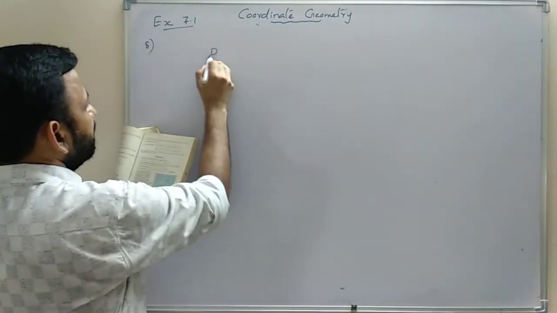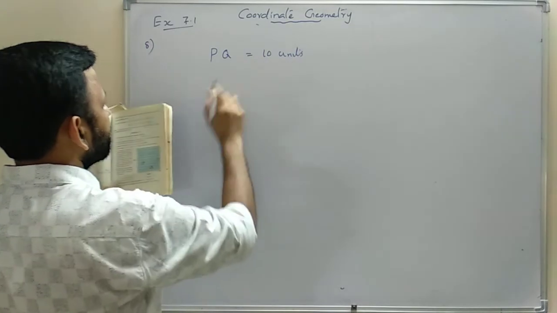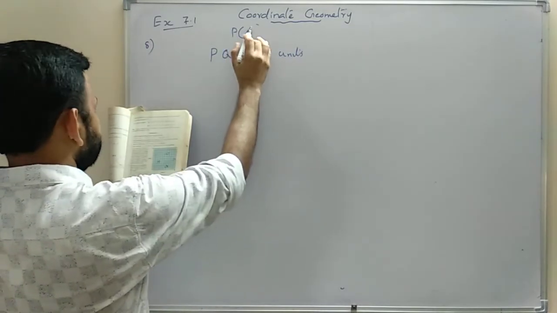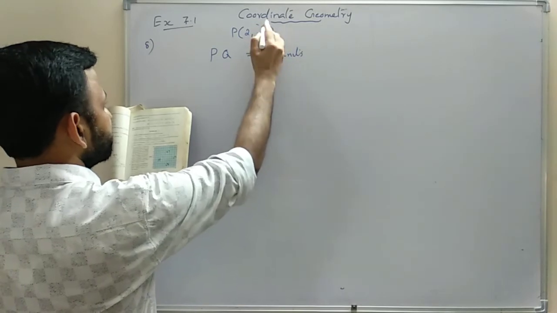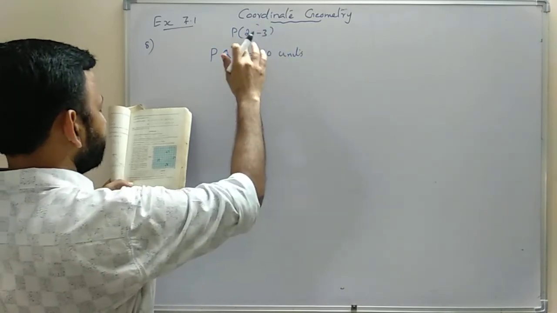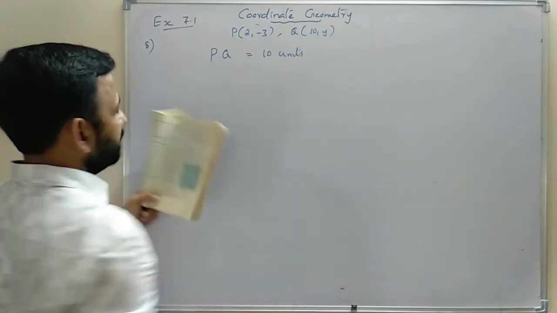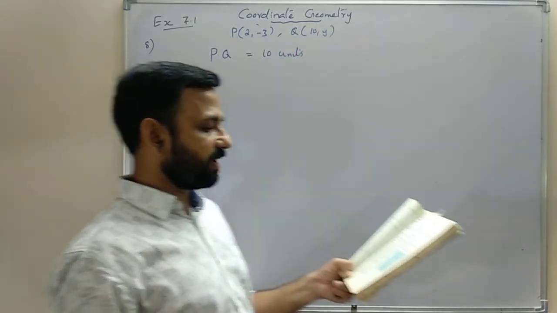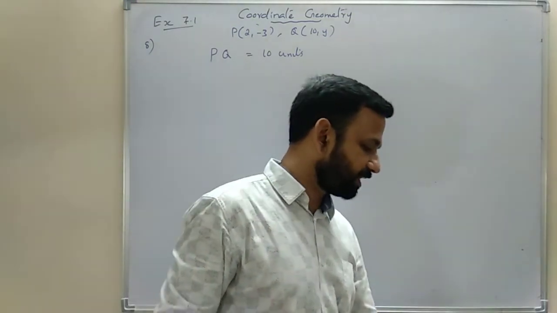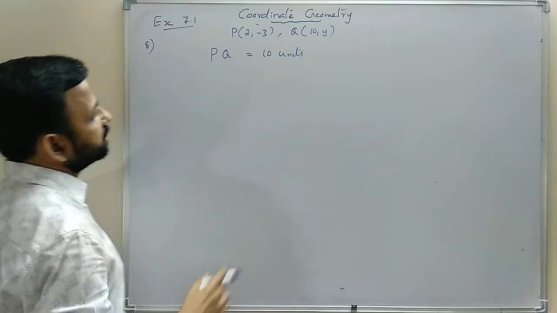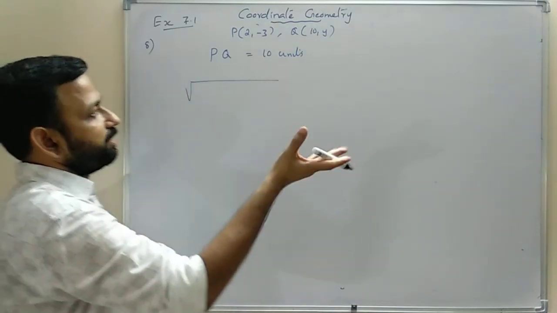So it's given PQ is equal to 10 units, and P is given 2 comma minus 3, and Q is 10 comma y. The distance between them, PQ, is given as 10 units. We need to find the value of y. So PQ is the distance between P and Q.